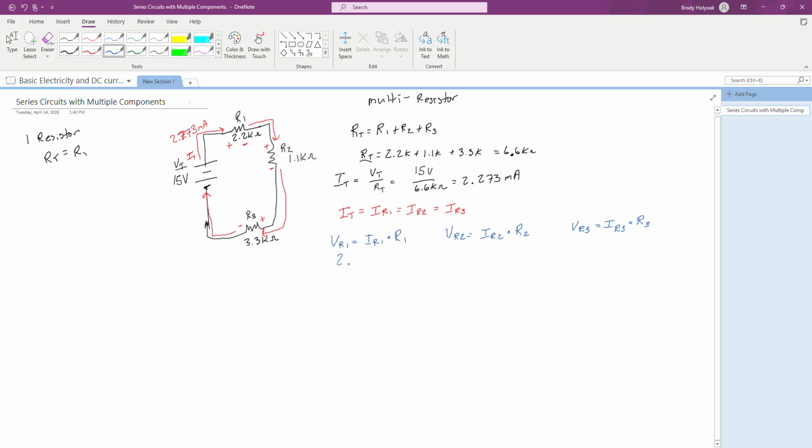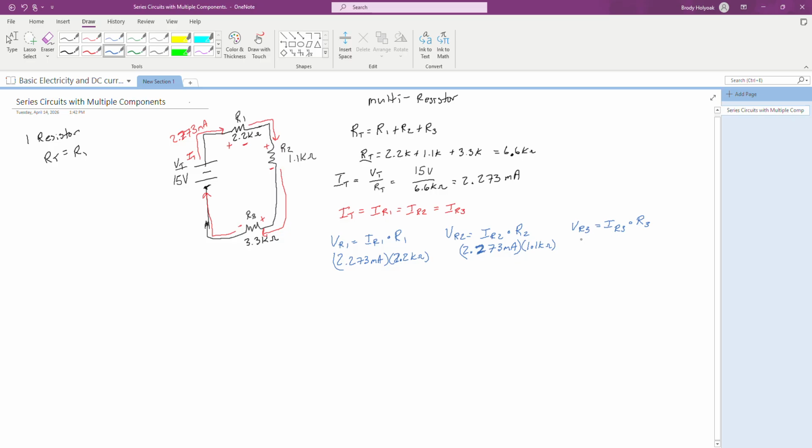So we have 2.273 milliamps times 2.2 kiloohms. VR2 is going to be 2.273 milliamps times the 1.1K ohm resistor.